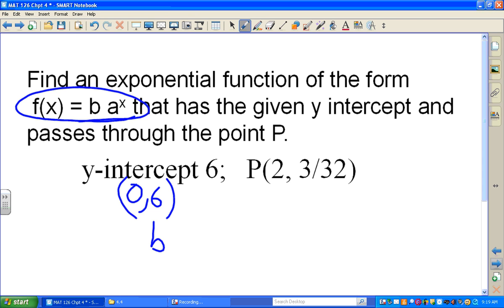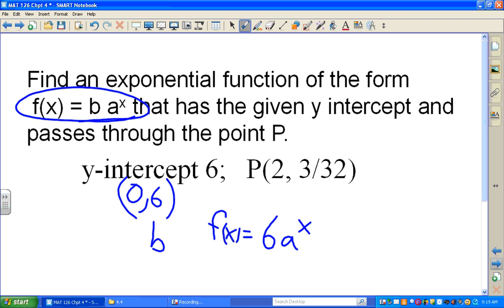So I know my equation is going to be f of x equals 6a to the x. Because almost any number to the 0 power is 1. Okay? Almost. What, is 0 to the 0 1? 0 to the 0. Is it 1? It says what? Error!